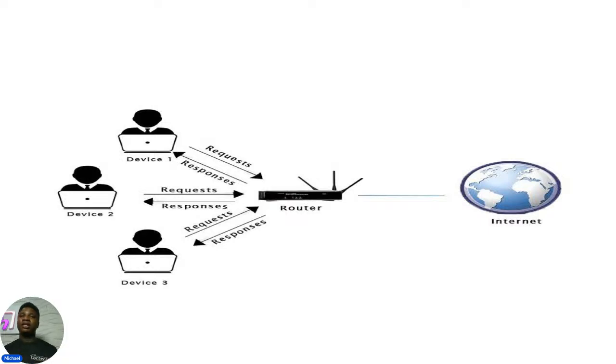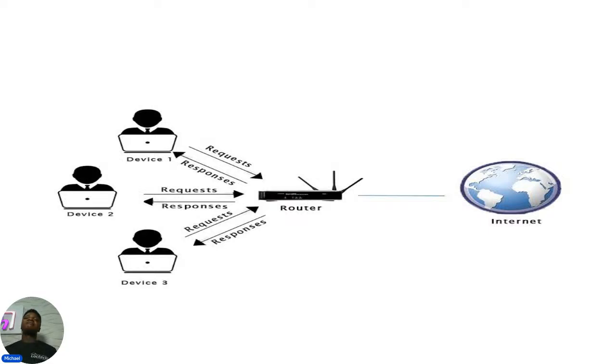I've already mentioned what they are. So what are end devices? End devices are computer devices that terminate a line of communication. For example, your phone, your laptop, your printer, your television, your smart TV, all these things brought together are what you call end devices.